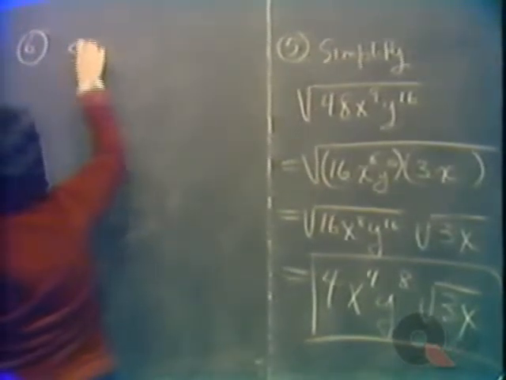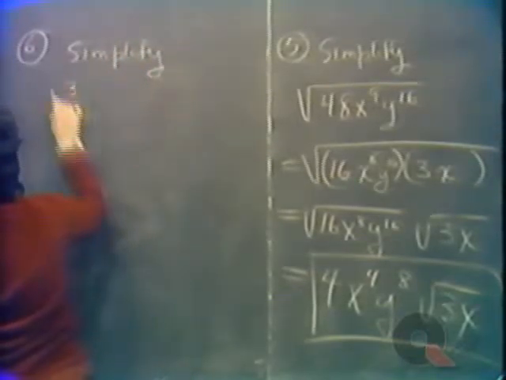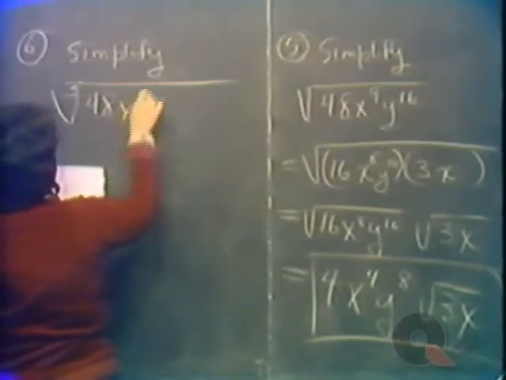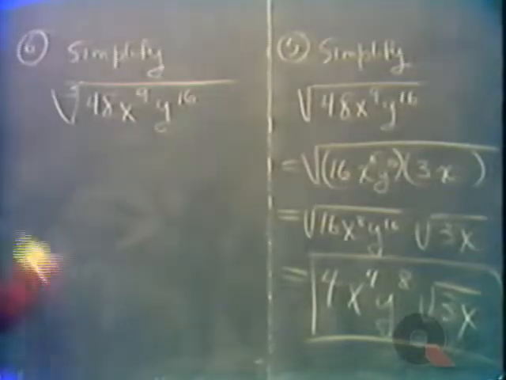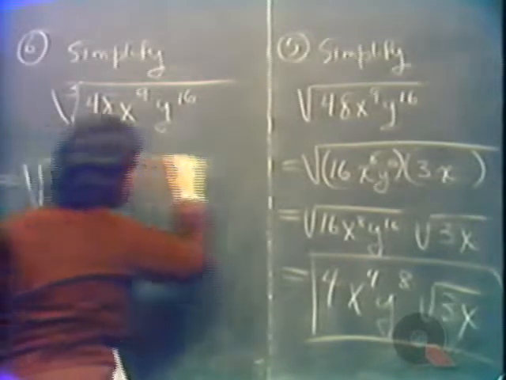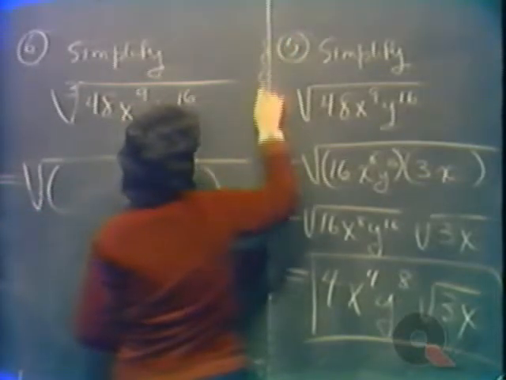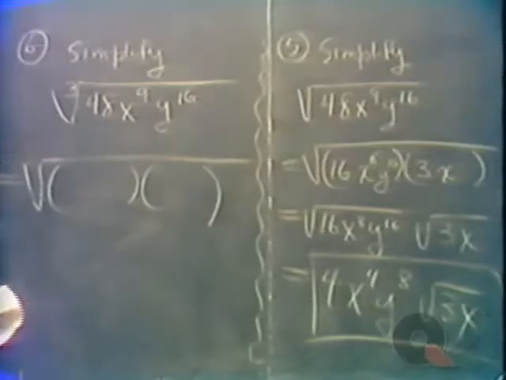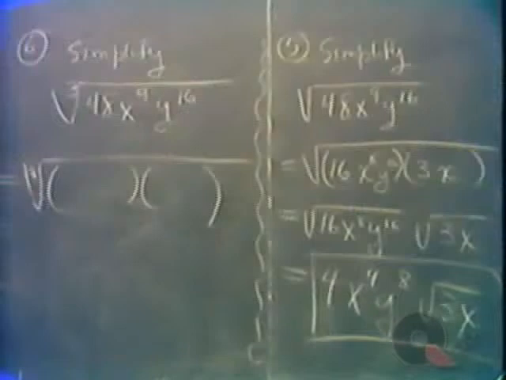I want to simplify, this time however, the cube root of the same quantity, 48x to the 9th, y to the 16th. In much the same way, we are going to break this up into a perfect cube portion and whatever's left over. This is the cube root.